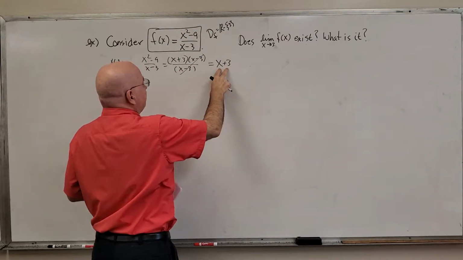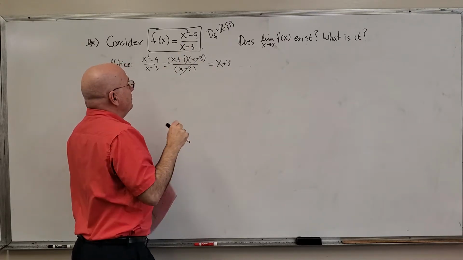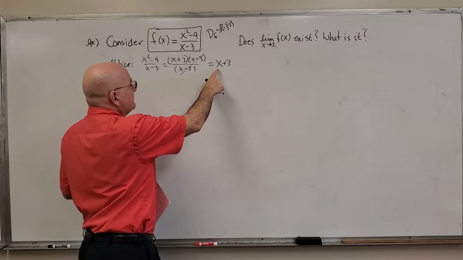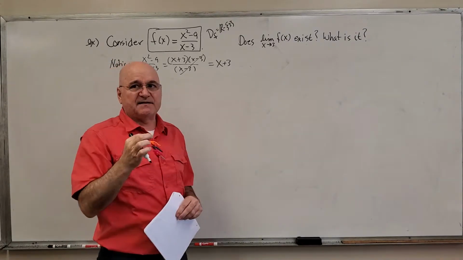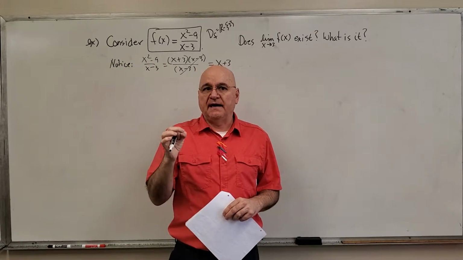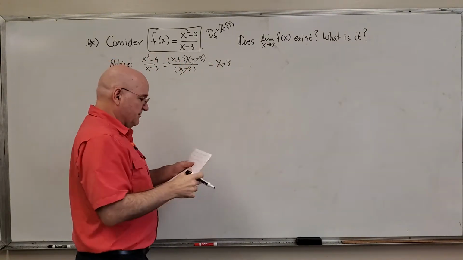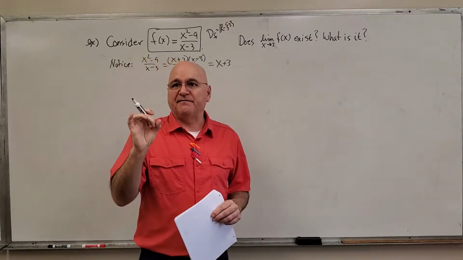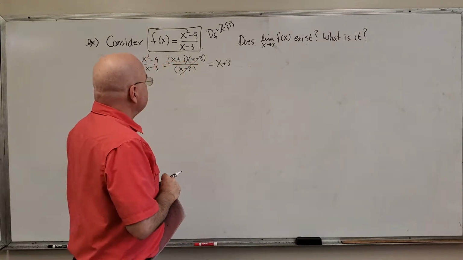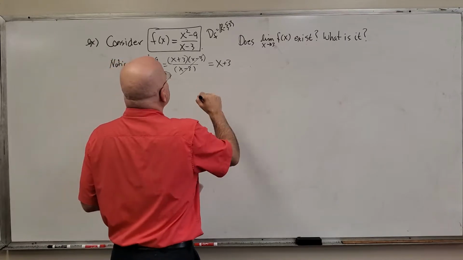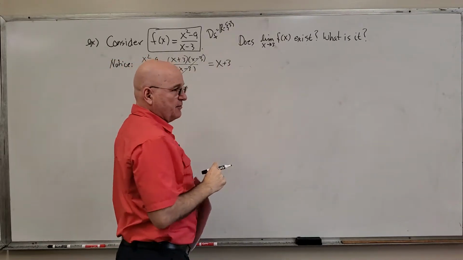So we could say right now that f of x is equal to x plus 3, but it's not defined at x equals 3. It's not in the domain. So if we graph this, it would have a hole in the graph at the number 3.